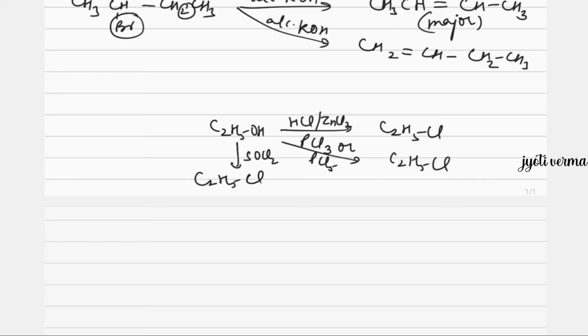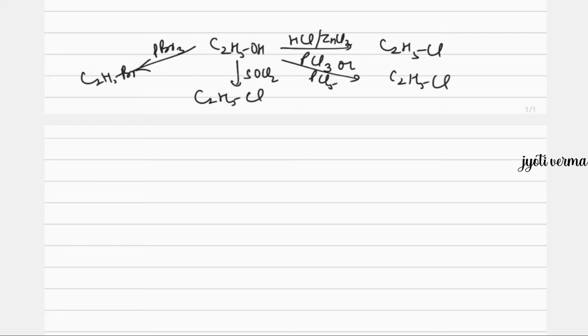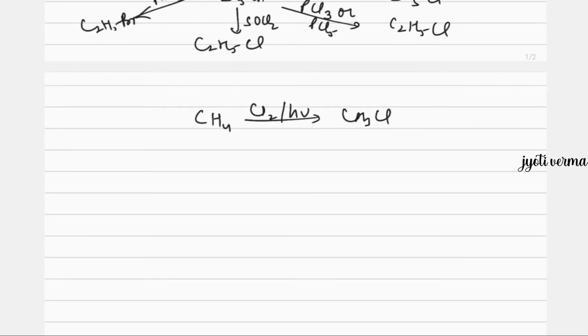If we do its reaction with PBr3 etc., we will get C2H5Br and so on. So that is the method of preparation. We can get it like this also, like CH4, we do its halogenation in the presence of sunlight. We will get the corresponding alkyl halide. So all these methods of preparation we should be aware of.